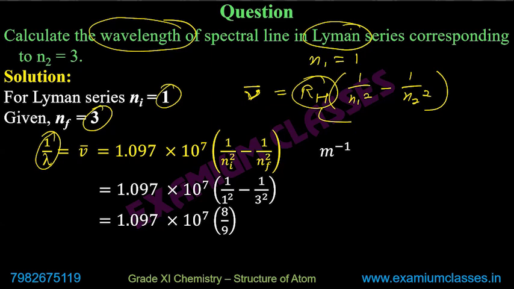For wave number, it is either 109677 if you are calculating this wave number per centimeter, or 1.097 into 10 to the power 7 if you are calculating wave number per meter. That is something you have to memorize: the Rydberg constant.